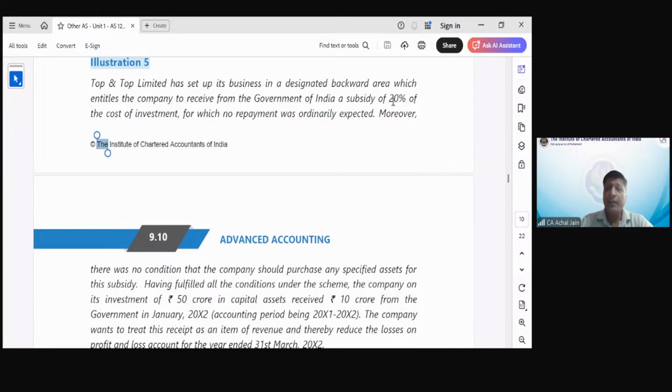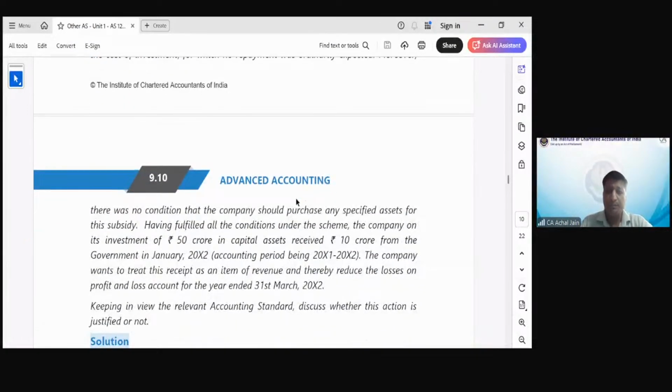Answer is no. Very clearly a question is specified. In fact, in most cases, you can see a solution is partly given to you. Correct. Let's move further on this question. Having fulfilled all the conditions under the scheme, company on its investment of 50 crore in the capital assets received 10 crore from the government in January X2.